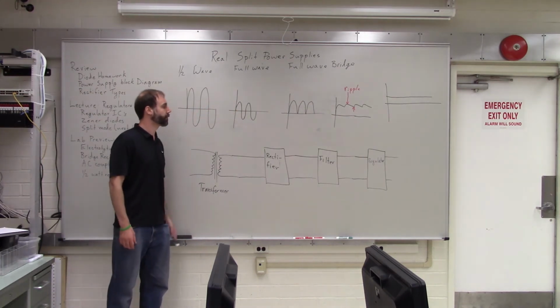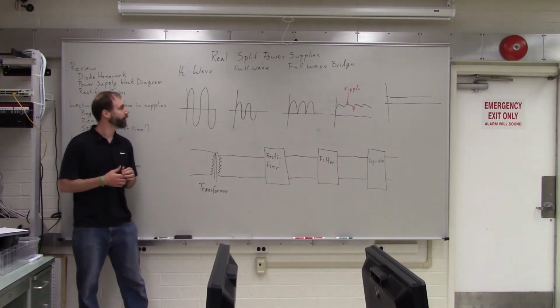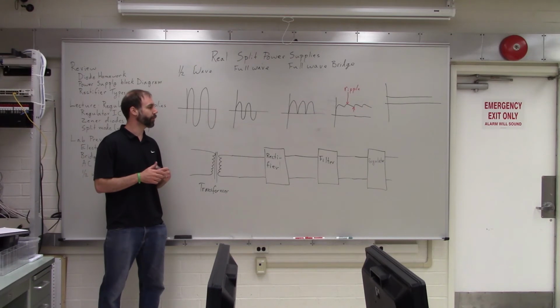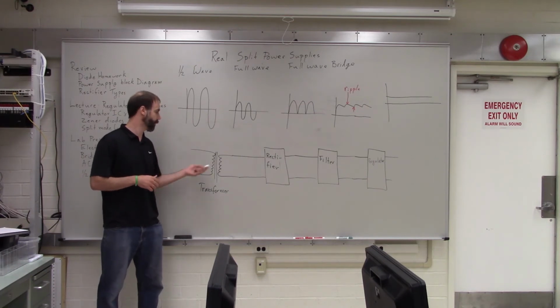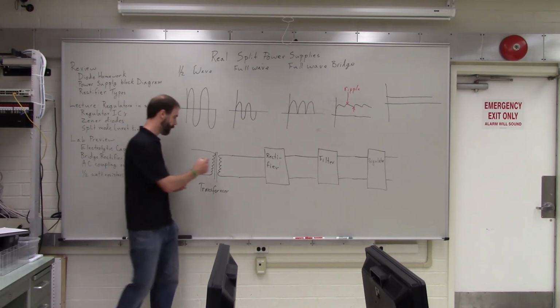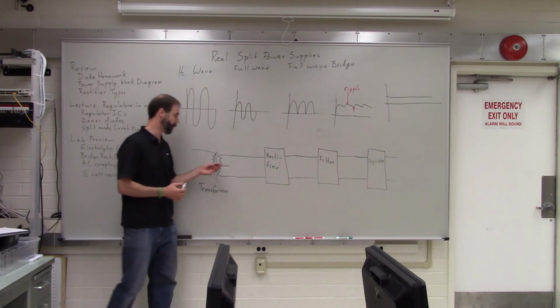Full-wave rectifier, how many diodes did that one use? Two. Two, that's right. And it also used a special type of transformer. Do you remember what kind of transformer it had? Center tap. Yeah, center tap, that's right. So it had this extra wire on the transformer that it had to use.